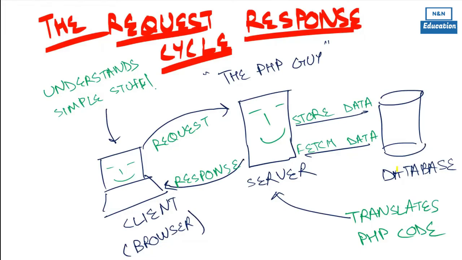Some of the most important features of PHP are that PHP, as I said, is a cross-platform language. So whether you're developing or deploying your code on Windows or on Linux or on Mac, it doesn't matter, your code is going to work just the same. And the other good thing about PHP is that it's a very popular language and it has a very active developer community.